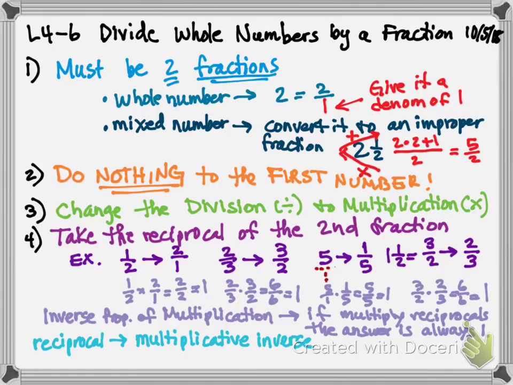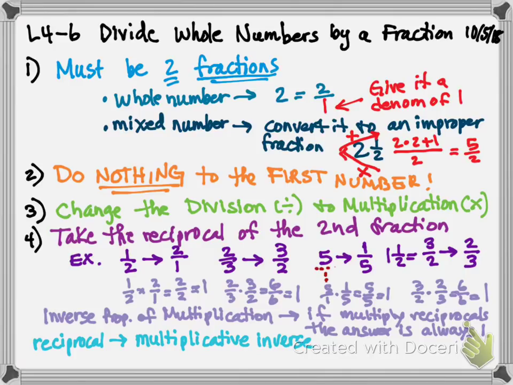So multiplicative inverse, that's the number that when I multiply it by the original number, I'm going to get 1 as the product. Now, obviously, we like to use reciprocal. It's a much shorter word to say. And the reason why that multiplicative, that's taking the noun multiplication and making it an adjective, multiplicative. So, there's your grammar lesson in your math class.